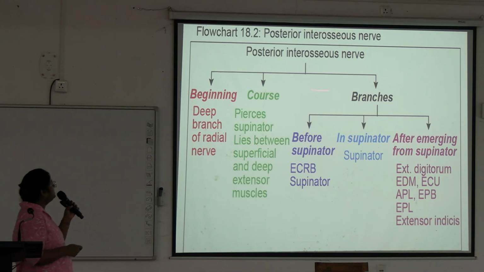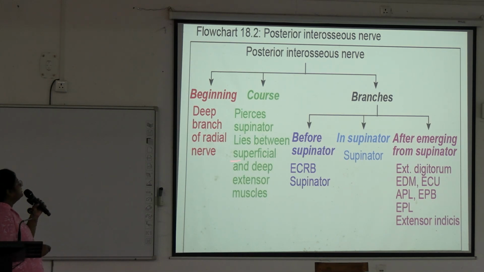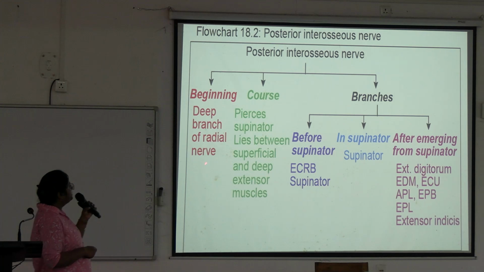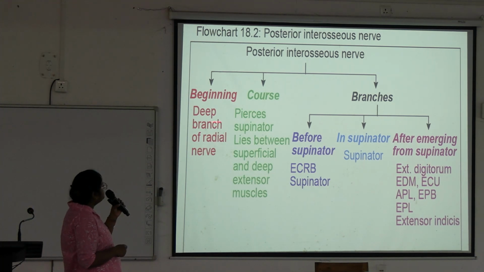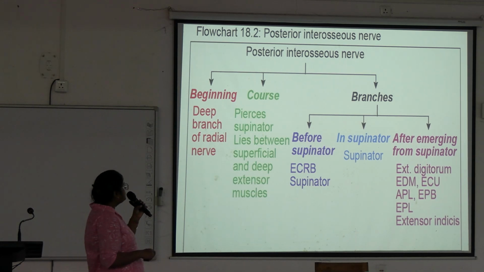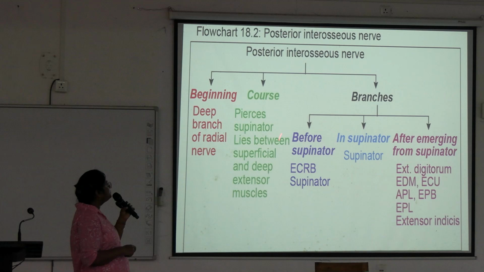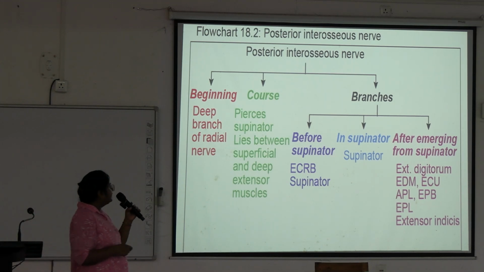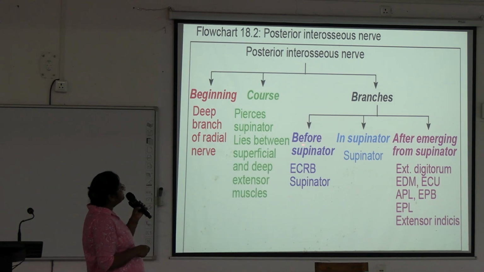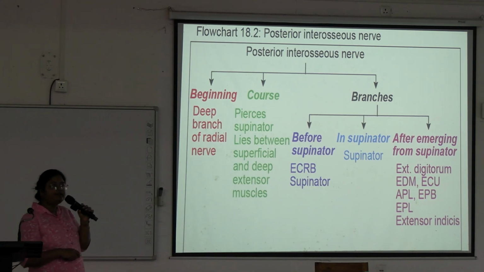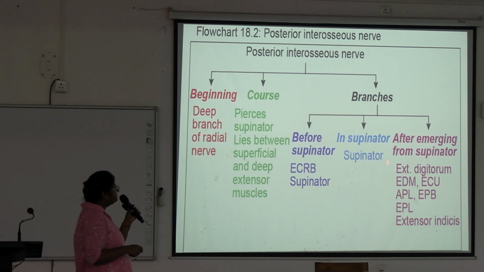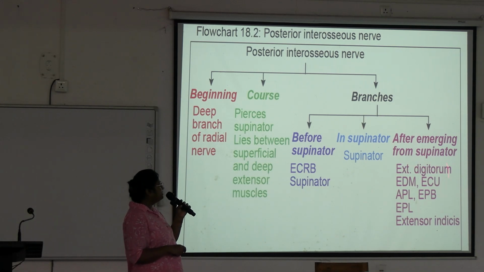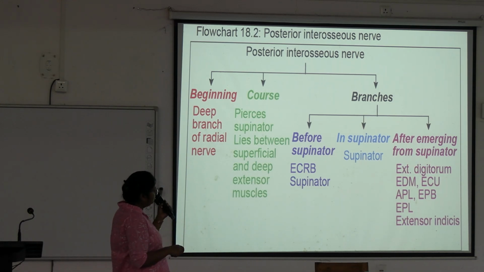So this posterior interosseous nerve begins as the deep branch of the radial nerve. In its course, it pierces the supinator and lies between the superficial and deep extensor muscles of the forearm. These are the branches before the supinator, to extensor carpi radialis brevis and supinator; within the supinator it supplies the supinator muscle; and after emerging from the supinator it gives branches to all these muscles.